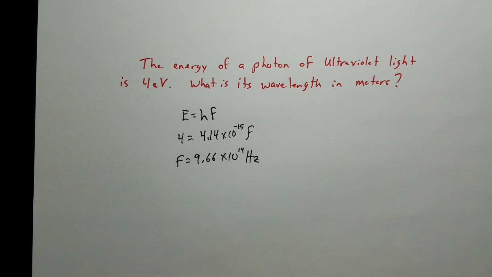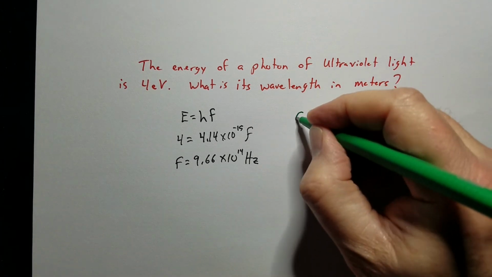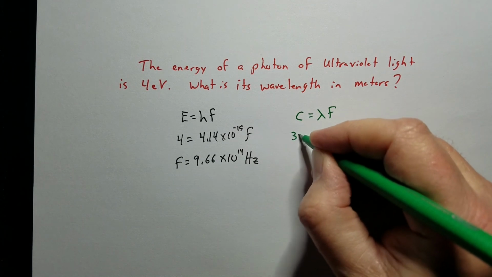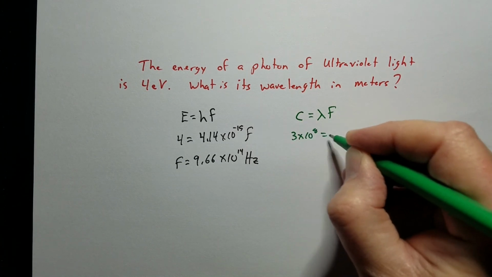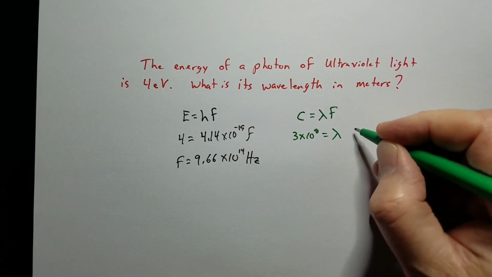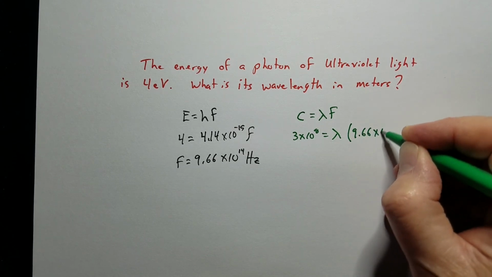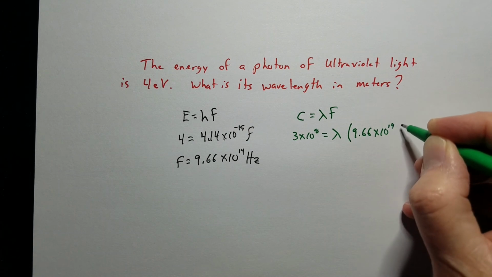Well, now that I know the frequency, I can figure out the wavelength because we can use the speed of light, where we got 3 times 10 to the 8th equals the wavelength, which we don't know, times the frequency, which is 9.66 times 10 to the 14th.